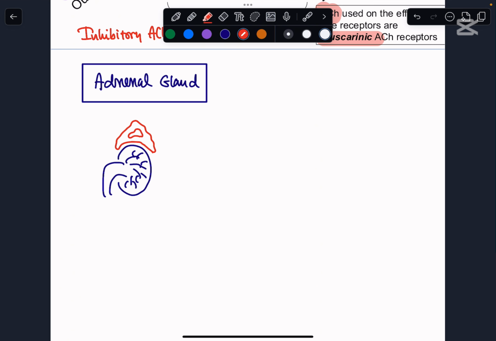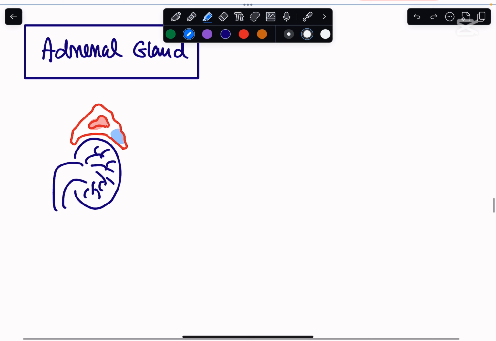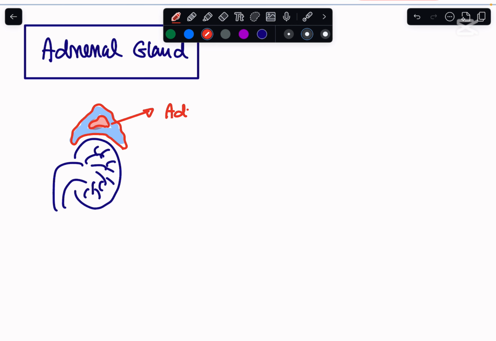They basically have this thing called the cortex. I'm going to label it in blue. And of course, this core, which we call the medulla or adrenal medulla.